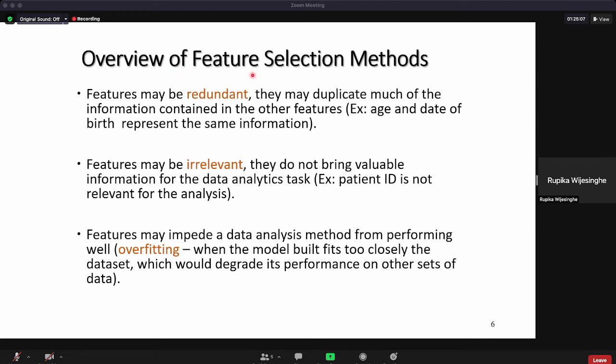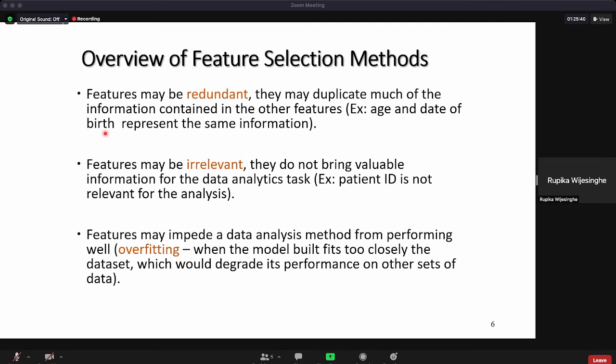How can we do the feature selection? One thing is that we can reduce the redundant features. If you consider a data set with features like age and date of birth, for example a clinical data set, in this TCGA data set there are clinical data sets as well, for those cancer patients.